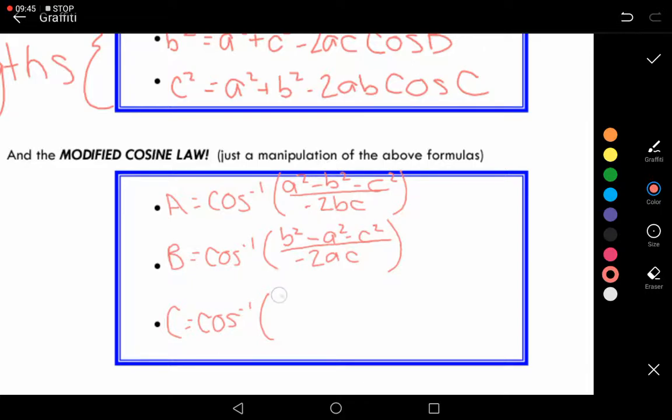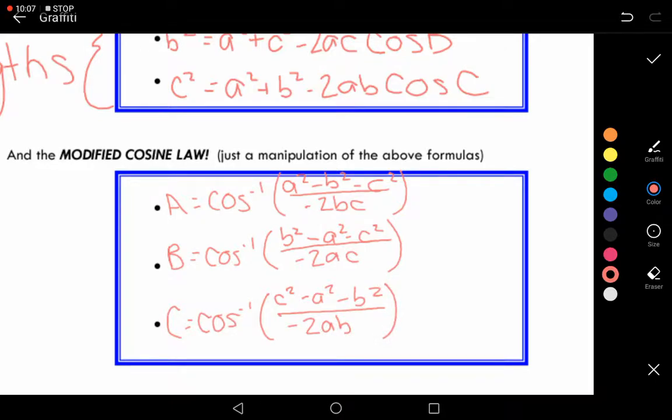We're finding C, so we need side length C to be first in our equation. Notice if A is not out front, it's always second. And that's all going to be divided by -2. We're finding C, so we have A, B on the bottom.